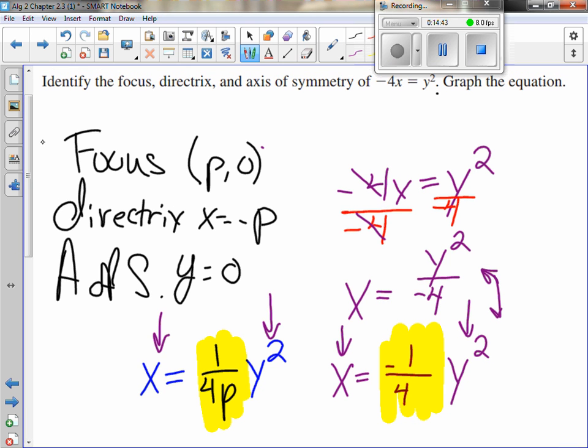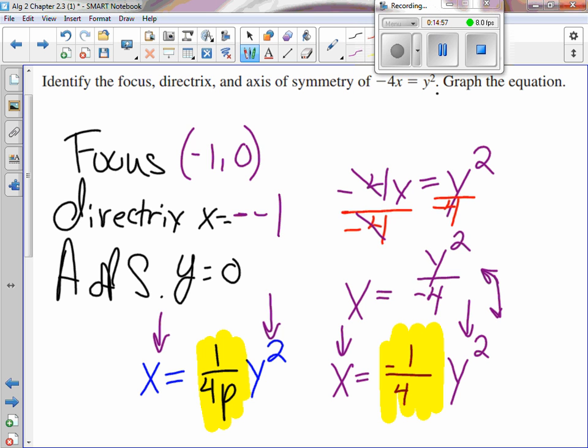Means I can come back up here. So our focus is, and our directrix is, well, negative, negative 1, because the directrix is told to us: x is equal to negative p.